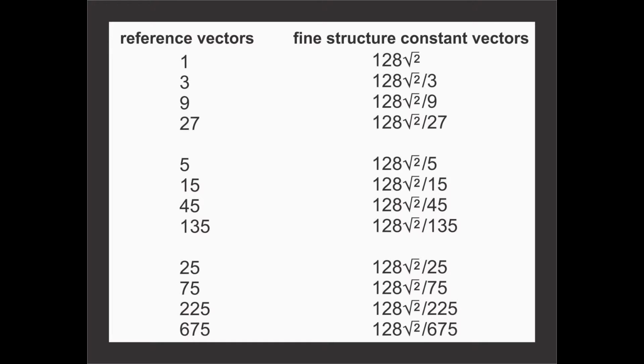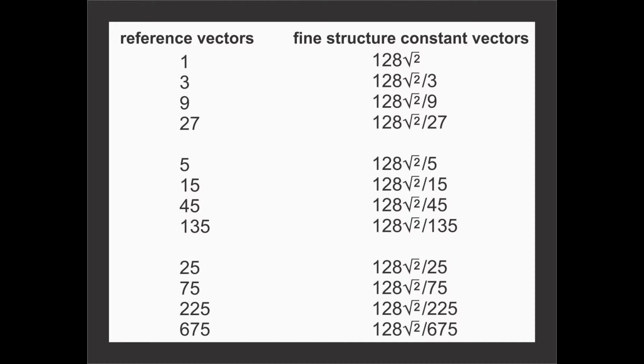The same progression begins at 5 and 25 to generate 5, 15, 45, and 135, and then 25, 75, 225, and 675. The number progression stops again due to destructive interference. However, at 675, the numbers have completed a stable circle.